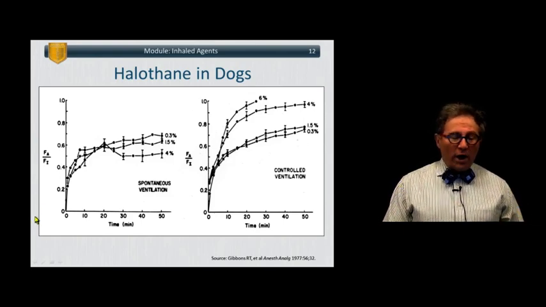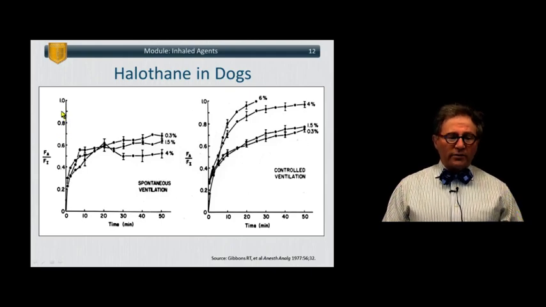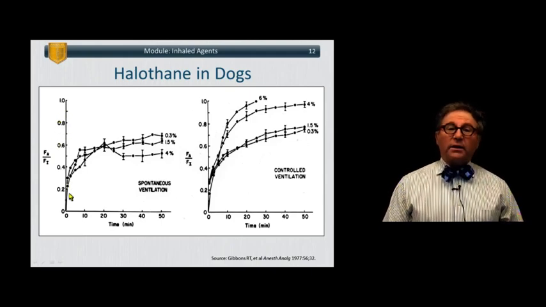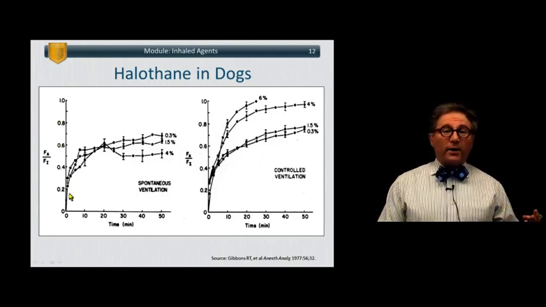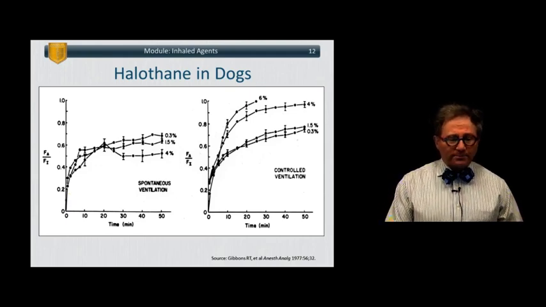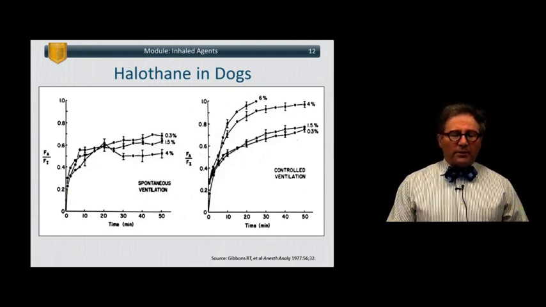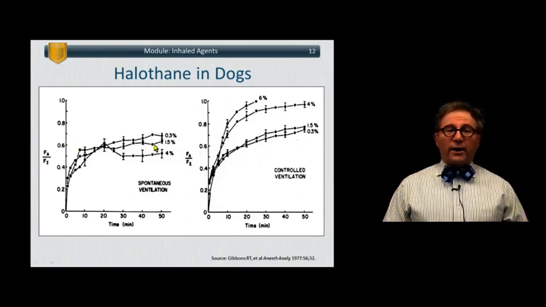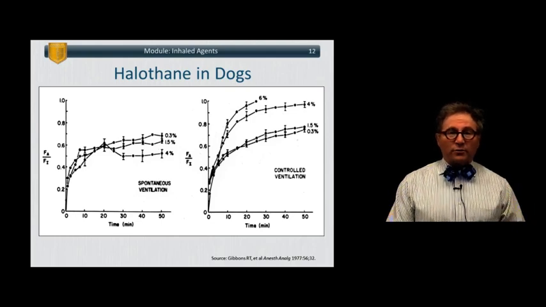And the wash-in of the anesthetic was measured on the y-axis, and you can see that it didn't really matter what the inspired concentration of halothane was, but all of the curves merged at about 0.6 or 0.65 FA over FI, which is alveolar to inspired ratio.